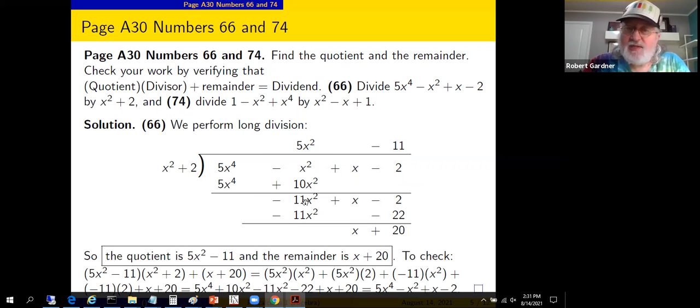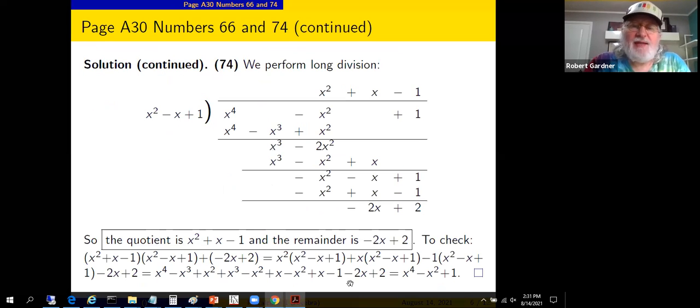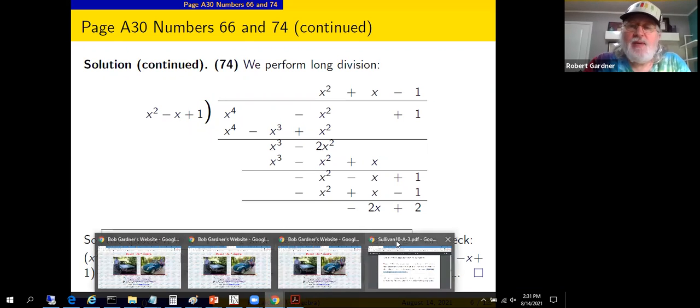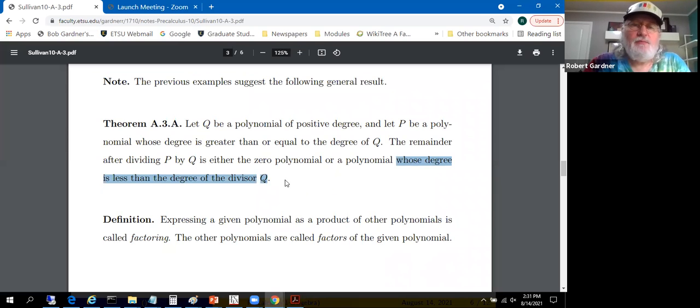I can continue on the division process until we get something of degree less than the divisor, in which case we have to stop. So that's the technique behind this theorem A.3.A, as I've labeled it.